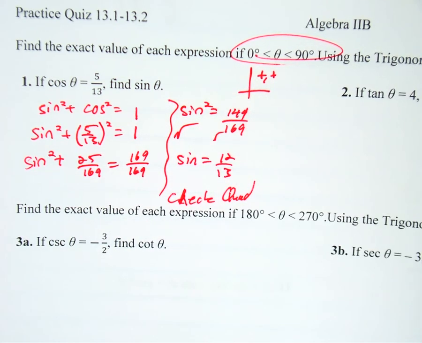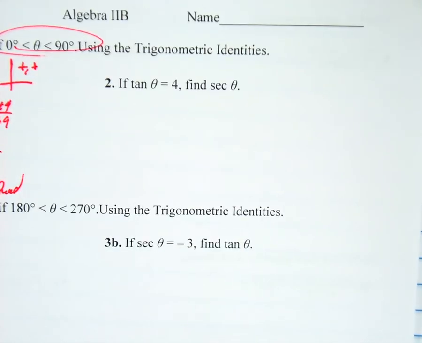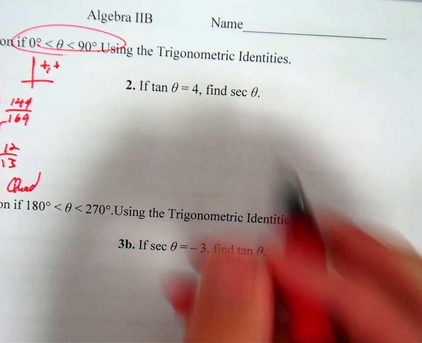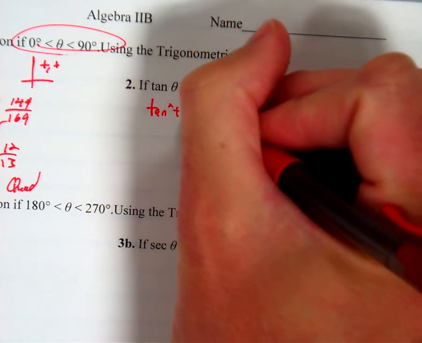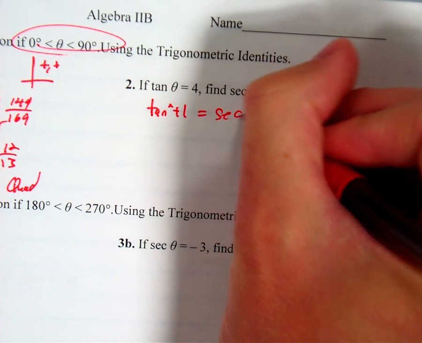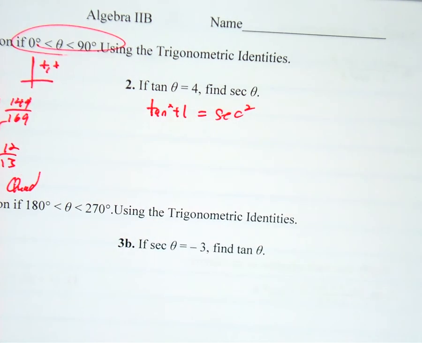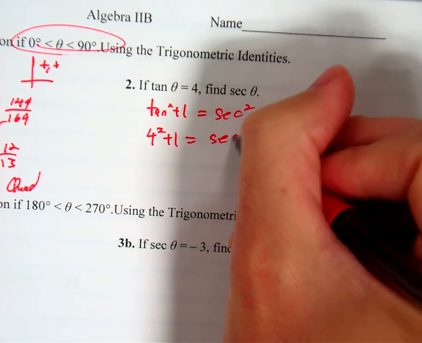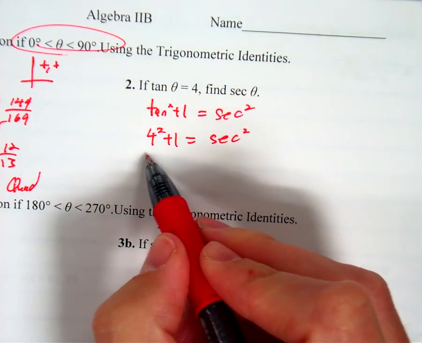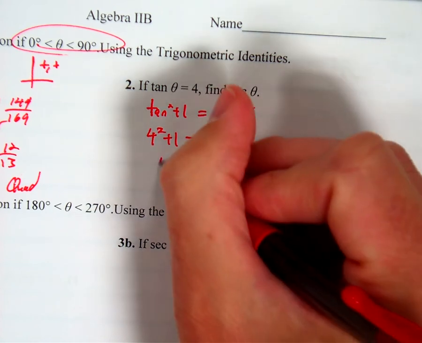Number 2, if tangent equals 4, find secant. All right, we have a formula for that. Tan squared plus 1 equals secant squared. So we got 4 squared plus 1. 16 plus 1, we're going to have 17.